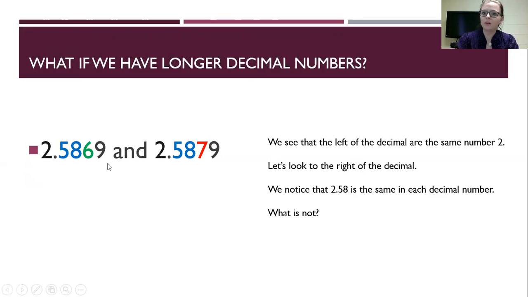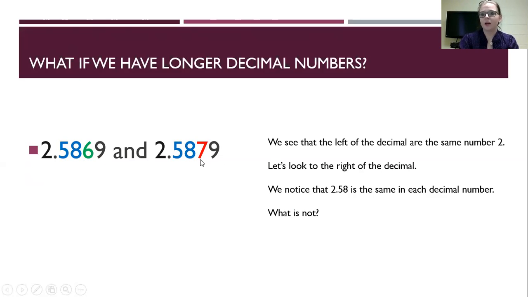Next, we're going to go down the line again, and this is going to be easy to identify because this is the tenths place, hundredths place, thousandths place. So we know in the thousandths place that this one has a 6 and that one has a 7. So we know that 7 is bigger than 6 and 6 is less than 7.